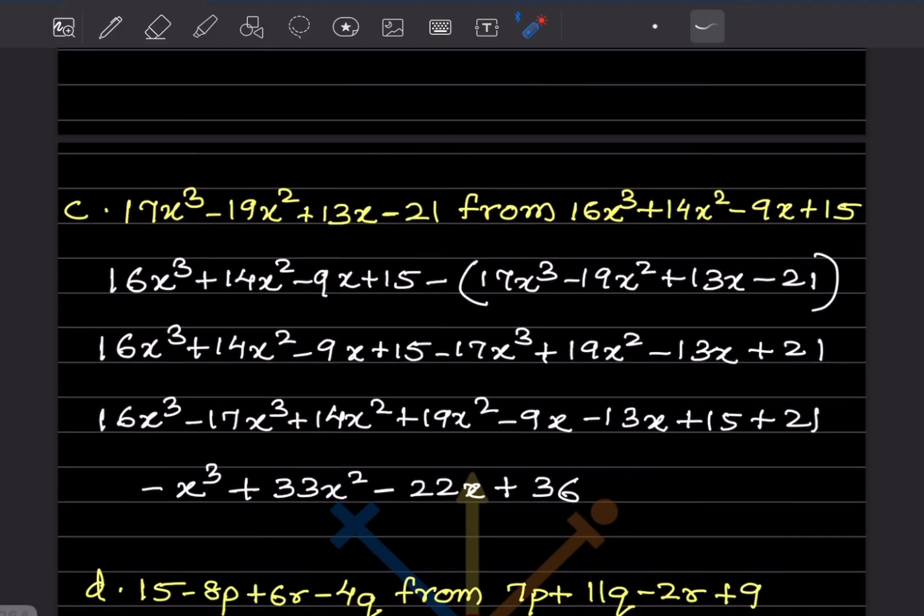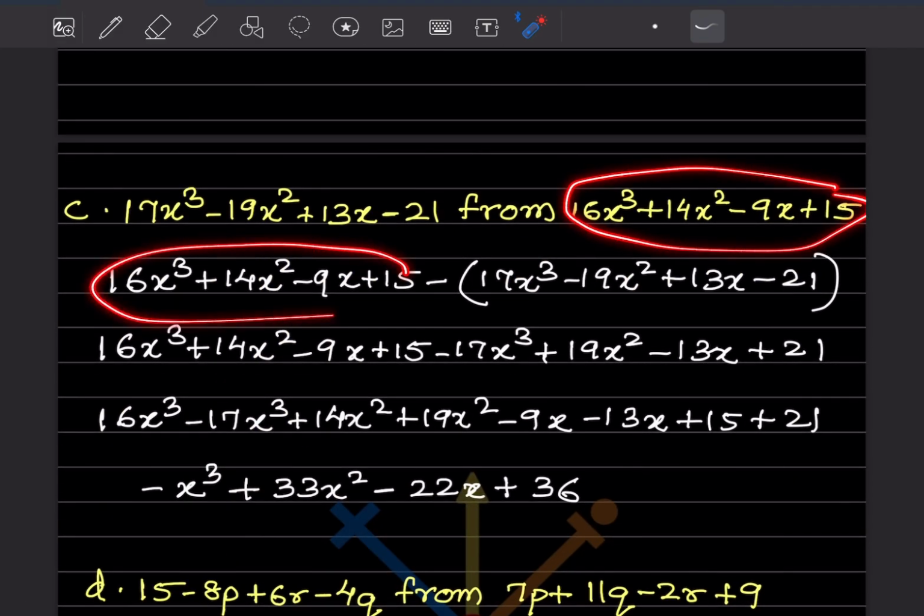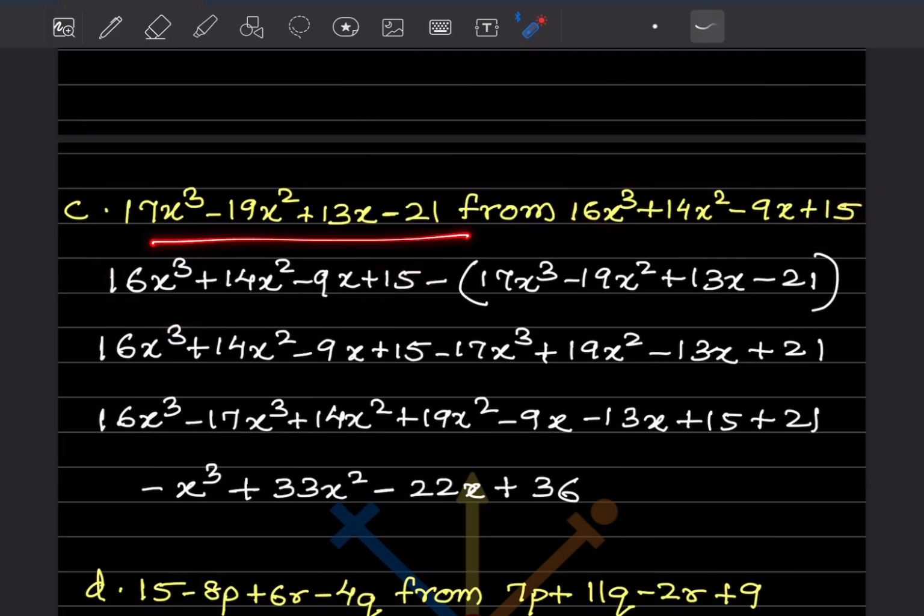Now again here the same. This will be at the start, minus this whole expression. So same, minus 17x cubed, minus will become plus 19x squared, minus plus will be minus 13x, and minus is going to be plus 21.